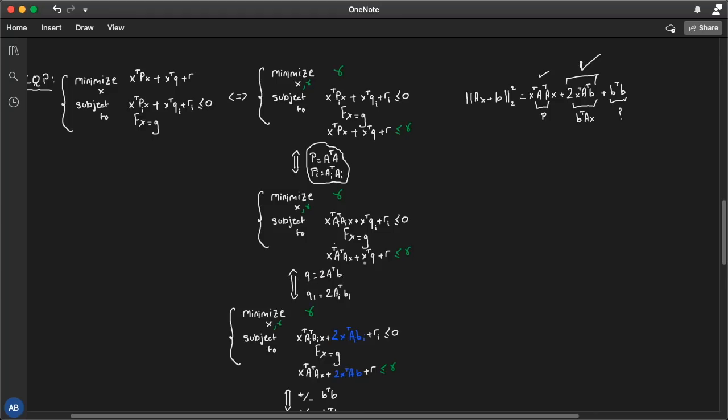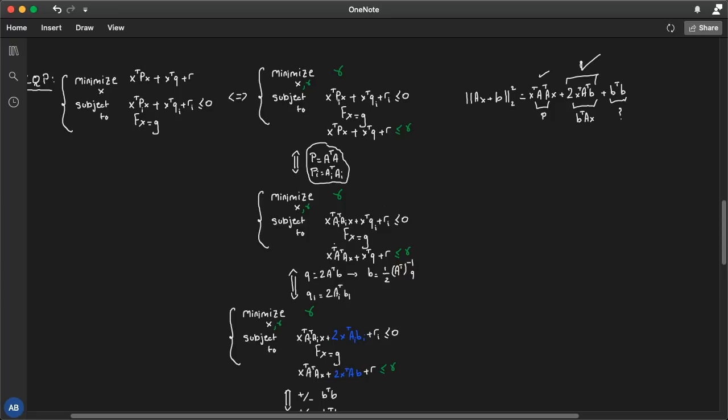Because from here, using some simple linear algebra, you could write this as B is equal to half A transpose inverse, right? Times Q. That's if A is square. If A is square, then A transpose is square. Then you can invert. And if not, you'd have to go to a pseudo inverse, okay?